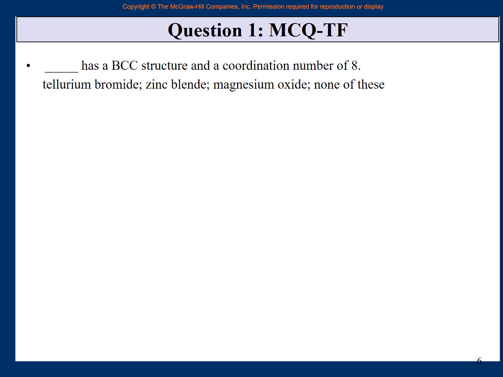Later on, if you end up in a ceramics industry, then you can read the other things, right? So because there are only 3 structures, cesium chloride, sodium chloride, and zinc blend, you should know that out of that list, something which has a BCC structure and a coordination number of 8, tellurium bromide is the correct answer for this one.